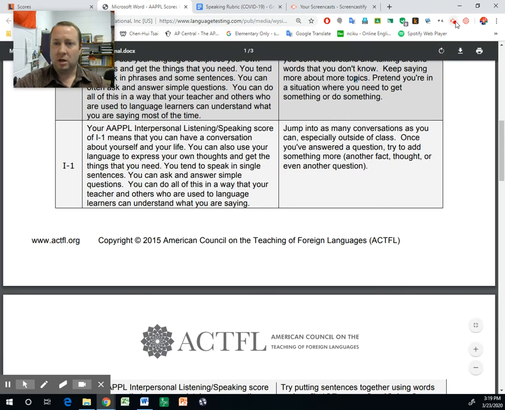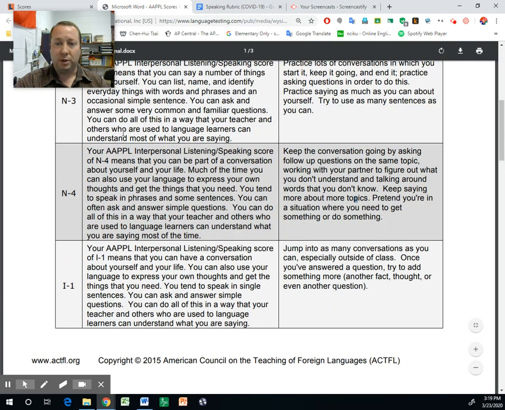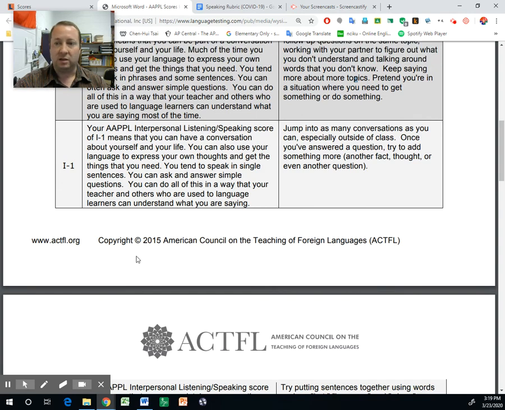You'll be okay there. Next thing, now we take a big leap up from novice into intermediate. This is where we really want to land. Intermediate is important and it's very appropriate to your number of years and everything you've had in Chinese. Intermediate's good. You can have a conversation about yourself and your life. You can explain your thoughts. Look at this: you tend to speak in single sentences.